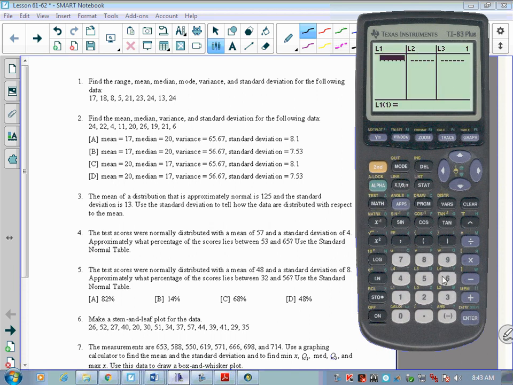We've got 653, 588, 550, 619, 571, a number that will not be uttered, 698, 714.